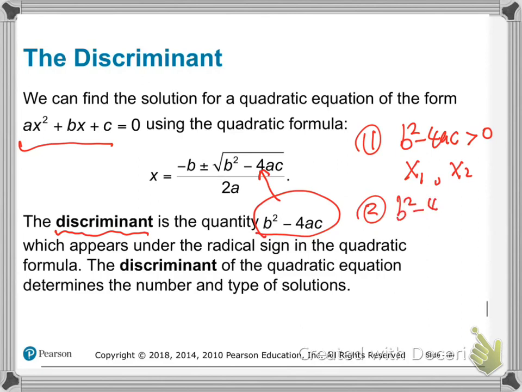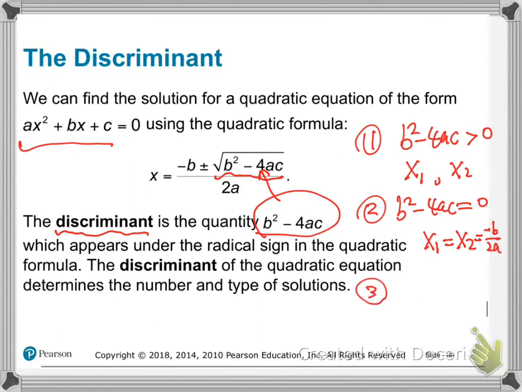Case 2: if b squared minus 4ac is equal to 0, then we get only one solution, x1 is equal to x2, because you are taking the square root of 0 here. The square root of 0 is 0, so we get only the part without the radical sign. So this is negative b over 2a.